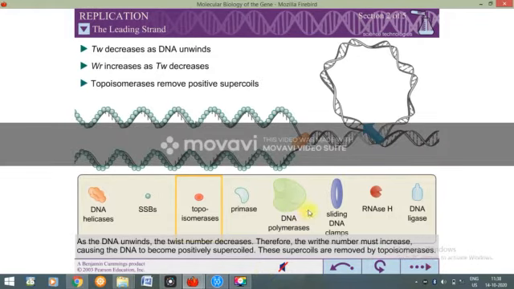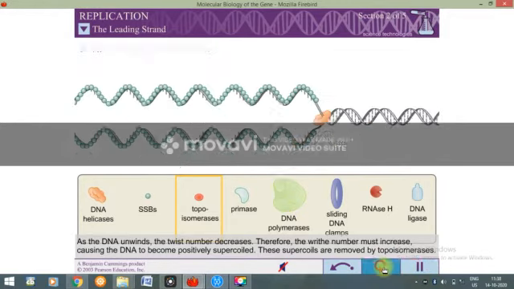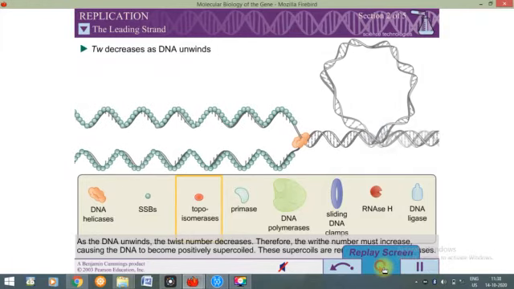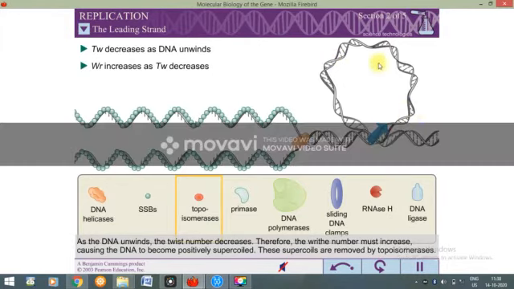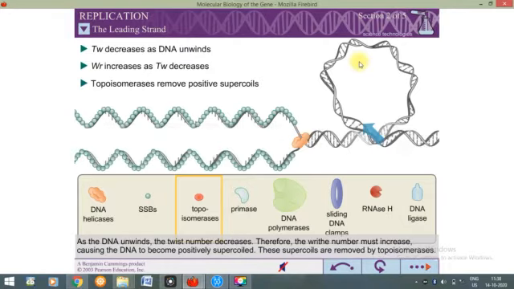What are supercoils? Supercoils are those structures, like if you see it once again, these are the structures of DNA strands which are intermingled among themselves because of lack of stretching. It's like your hair gets mingled, like in messy hair.